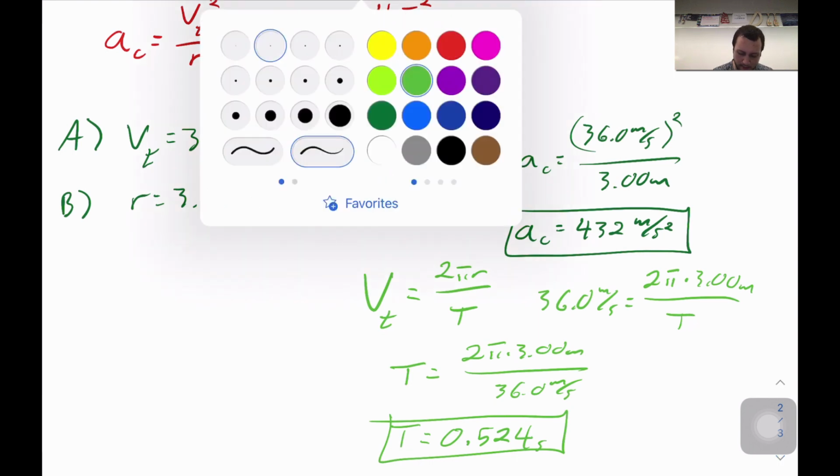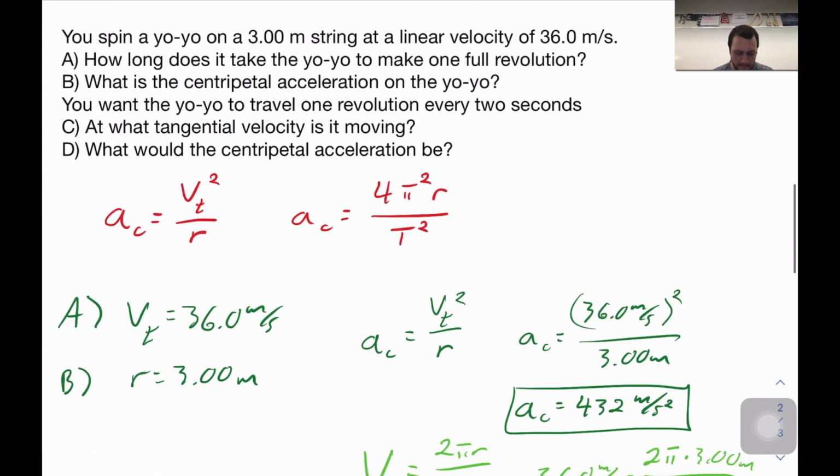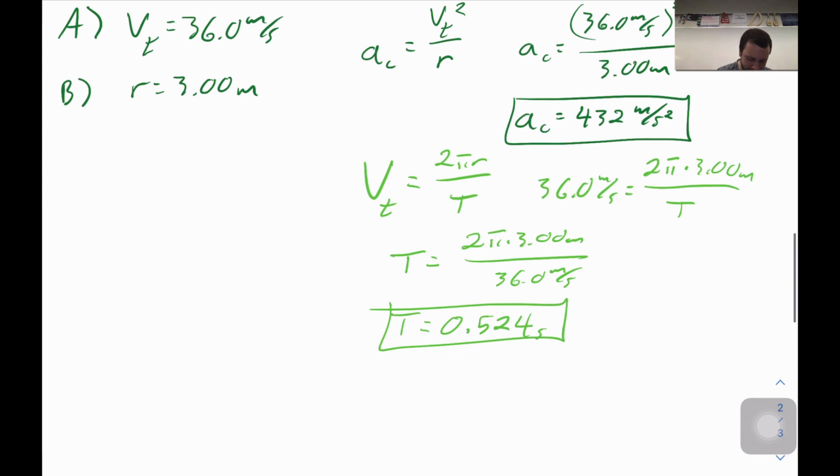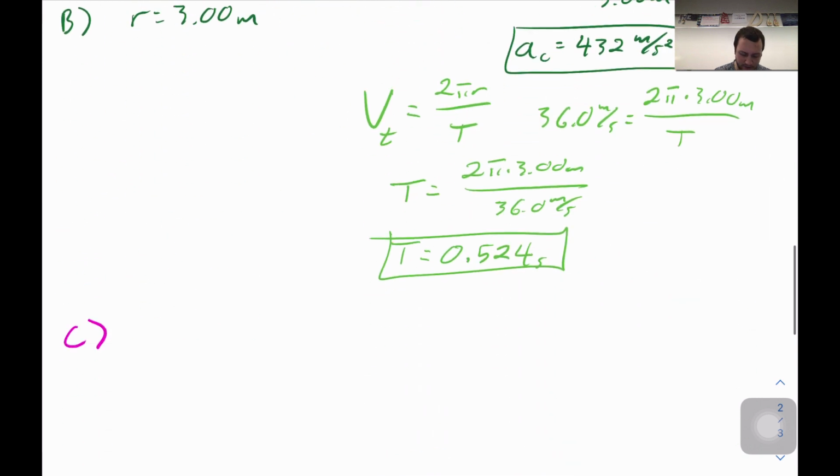Now if we come back and look at parts C and D: at what tangential velocity is it moving if we want the yo-yo to travel one revolution every 2 seconds, and what would the new centripetal acceleration be? So now for part C, what we need to look at here is the yo-yo making one revolution every 2 seconds.